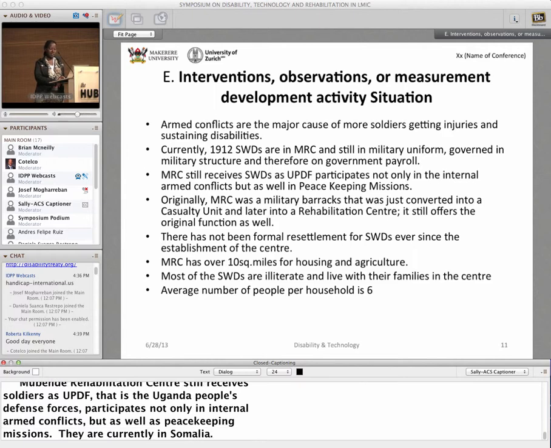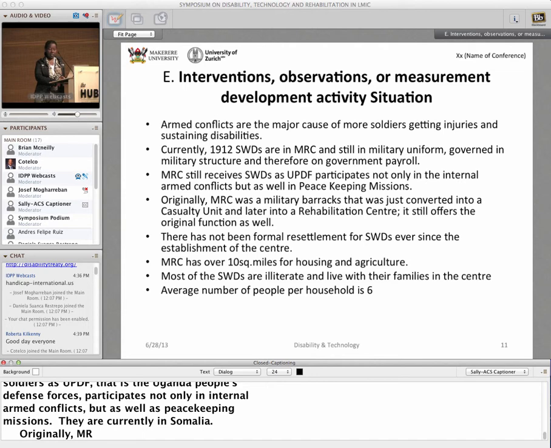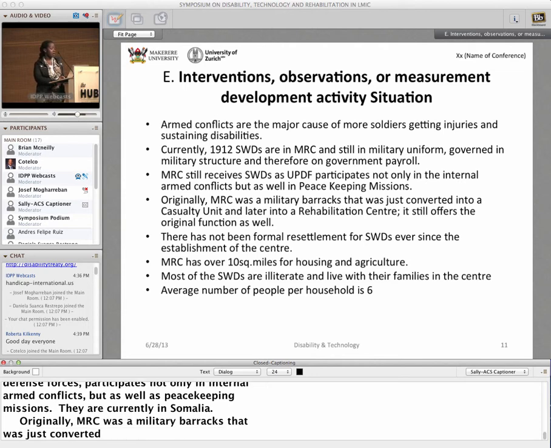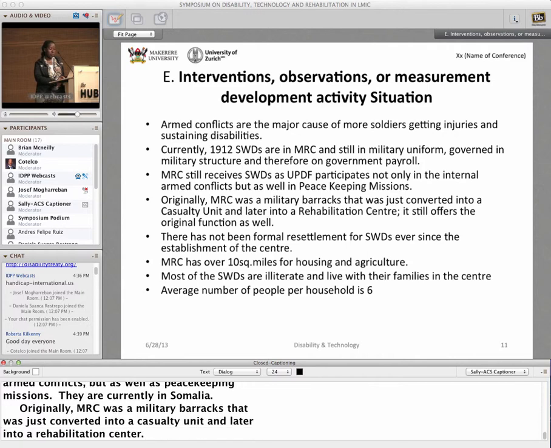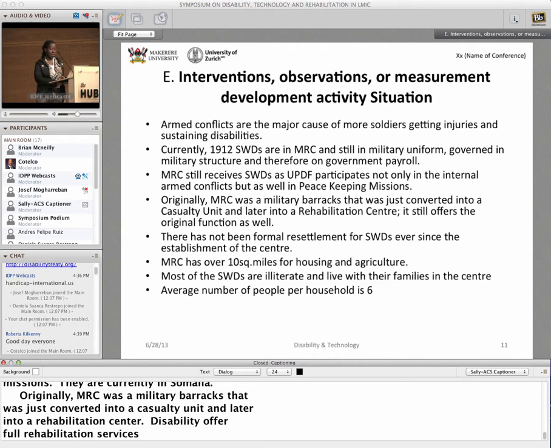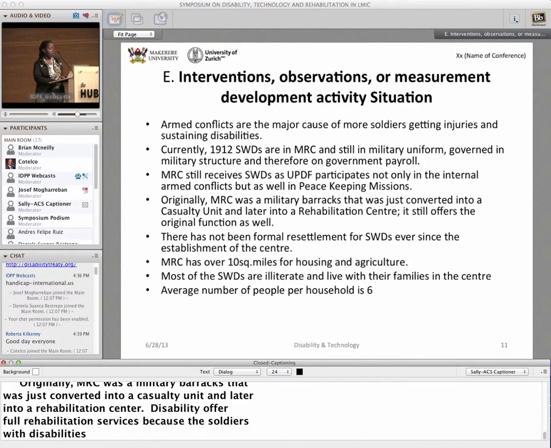Originally, MRC was a military barracks that was just converted into a casualty unit and later into a rehabilitation center designated to offer full rehabilitation services to the soldiers with disabilities, though it still offers the original function as well.